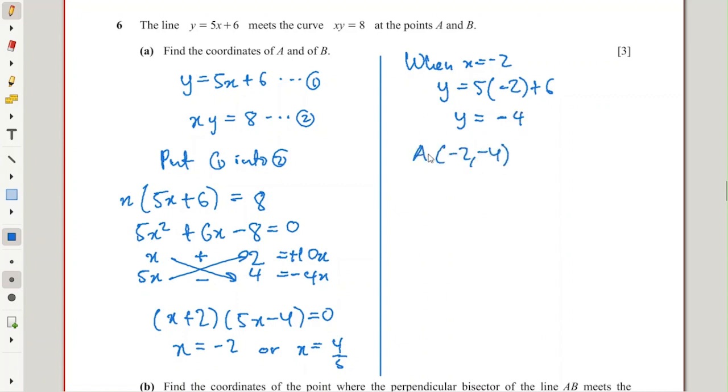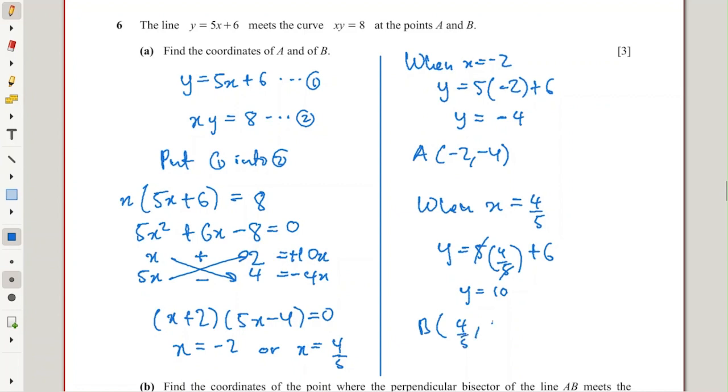I can call this one A. When x is equal to 4 on 5, okay, so my B is 4 on 5, 10.